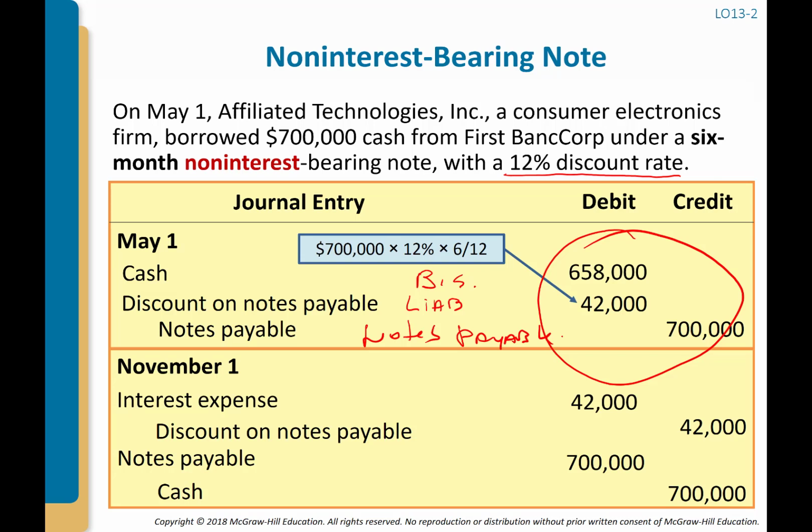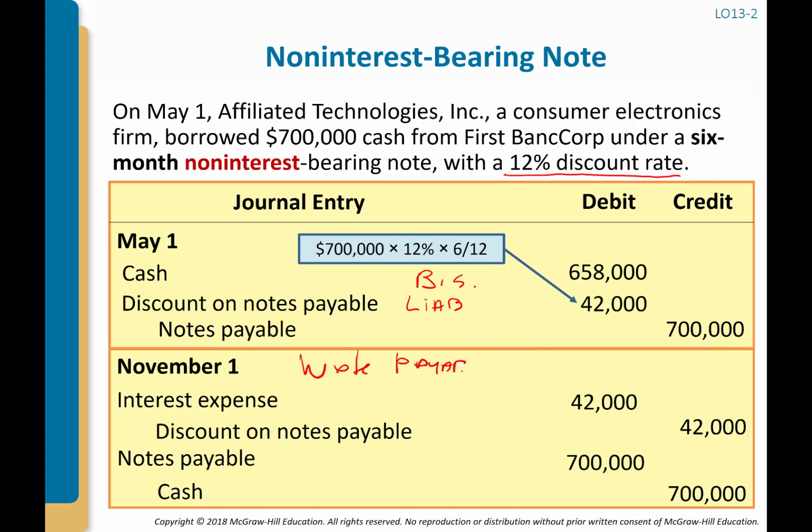So the requirement in GAAP is that you present a note at its present value. Note payable is 700,000. Is that what you were going to say?